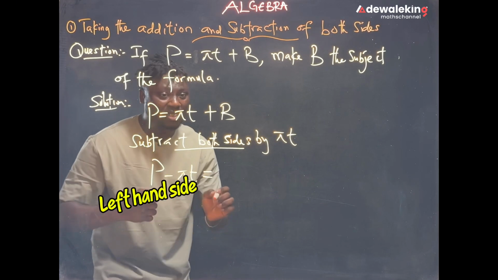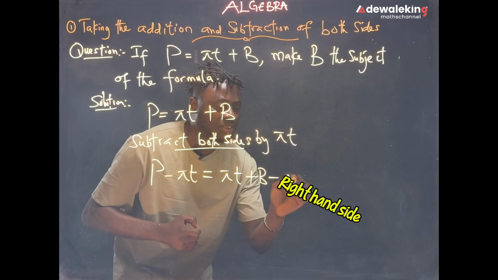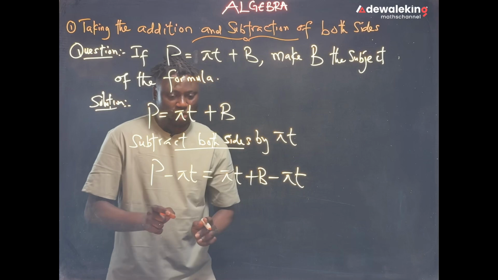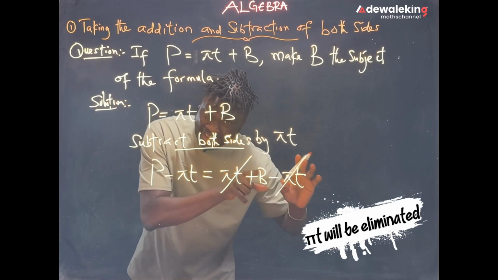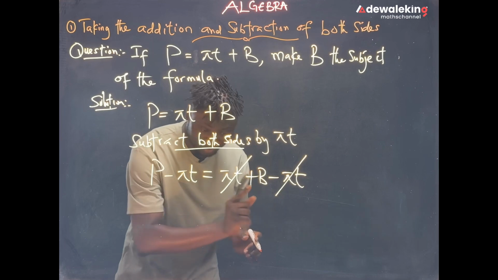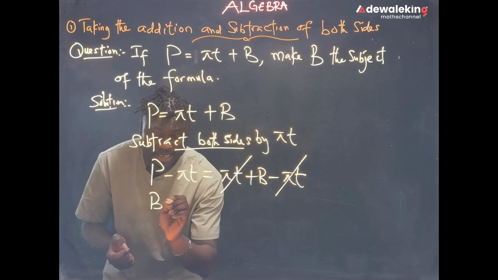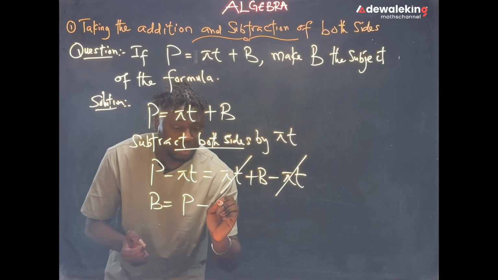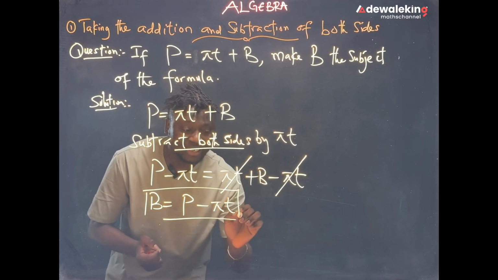This is one side. Then we'll come here, say pi t plus B minus pi t. So we can see that this pi t and this pi t will be eliminated. So it remains B. So this side can be flipped around as B is equal to P minus pi t. And that will be the answer.